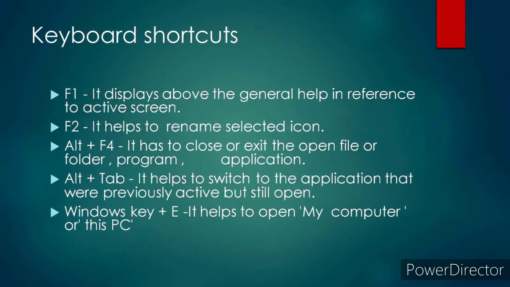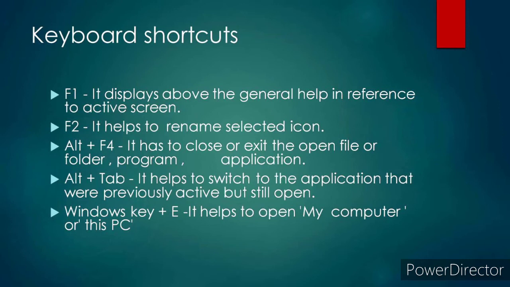Now, let us discuss some keyboard shortcuts. F1 displays the general help in reference to the active screen. F2 helps to rename the selected icon. Combination key Alt plus F4 helps to close or exit the open file or folder, program or application.